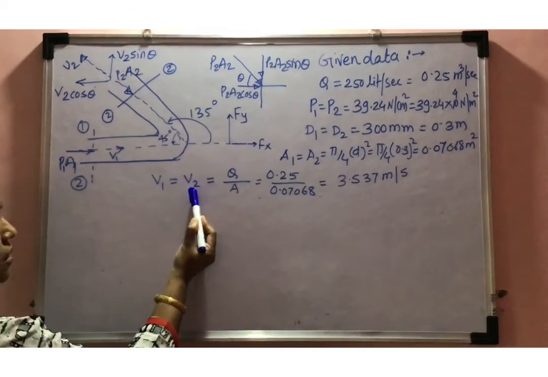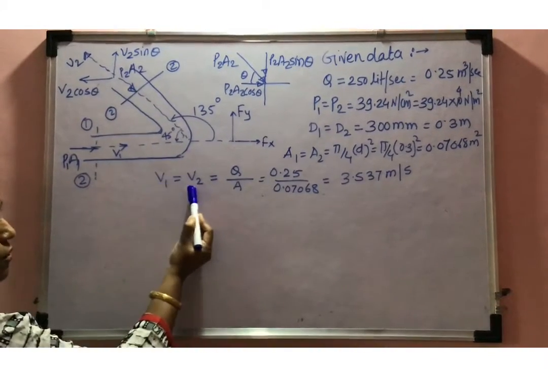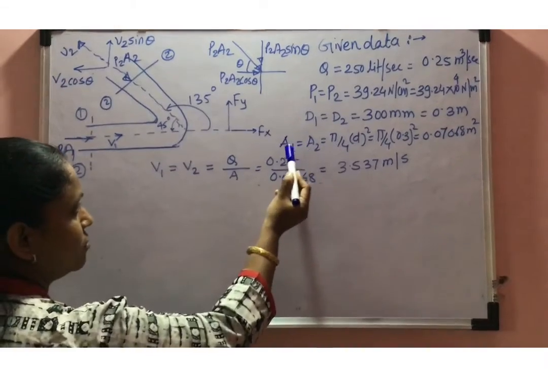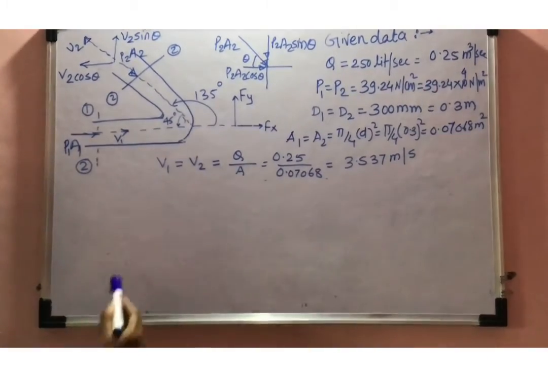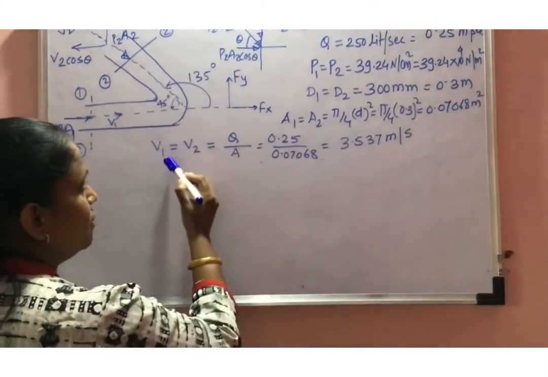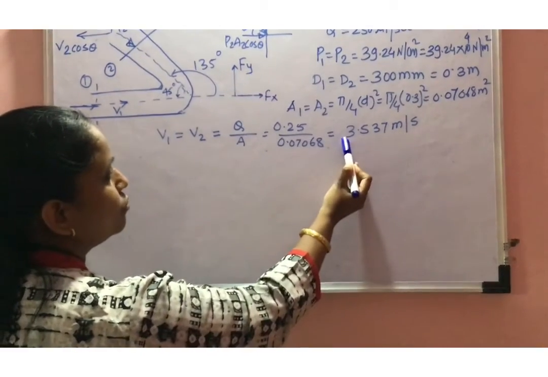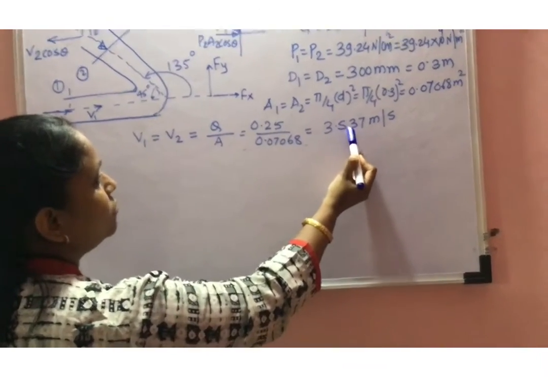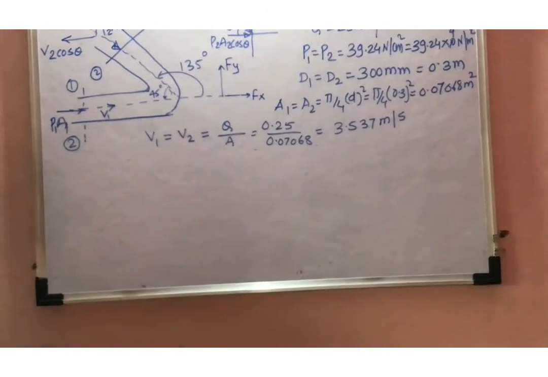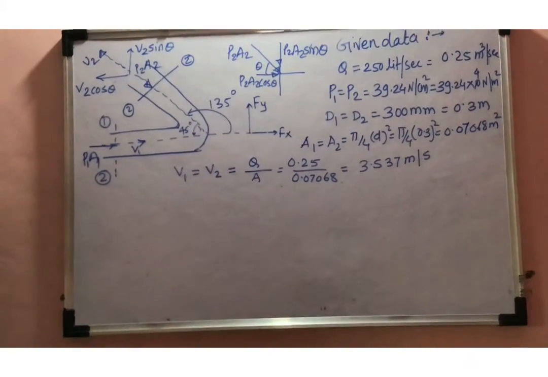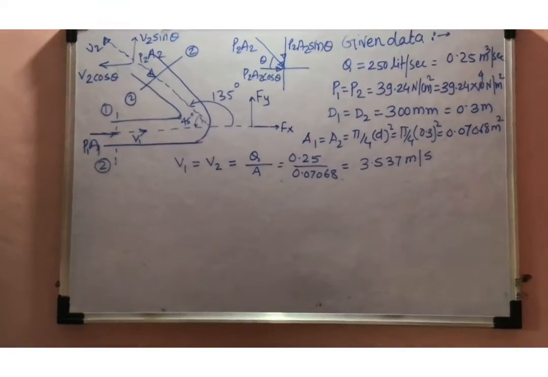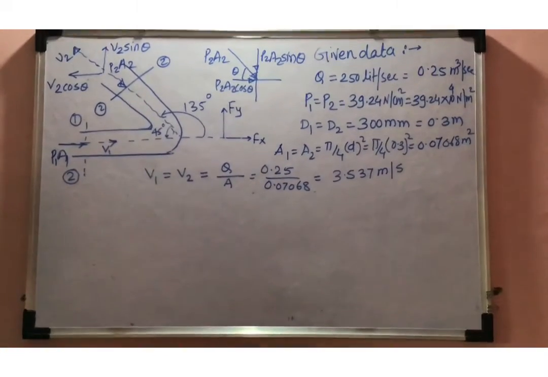So V1 is equal to V2, because the area of cross section is the same. So here we got the values of V1 and V2 equal to 3.537 meter per second.